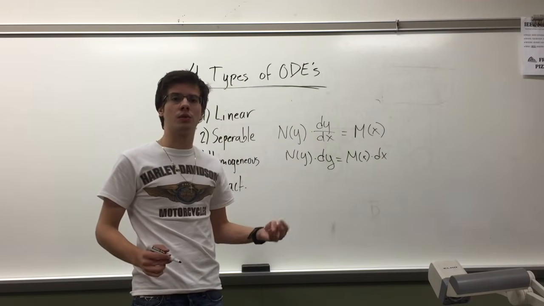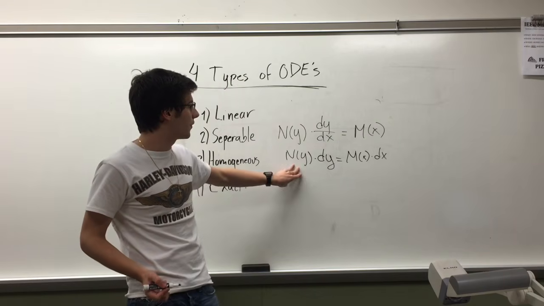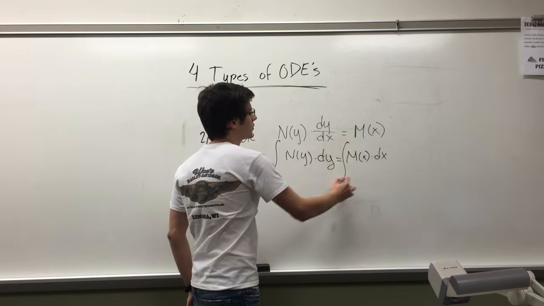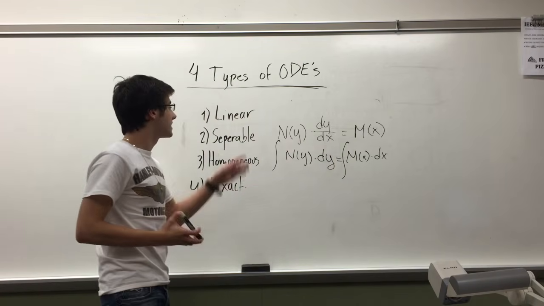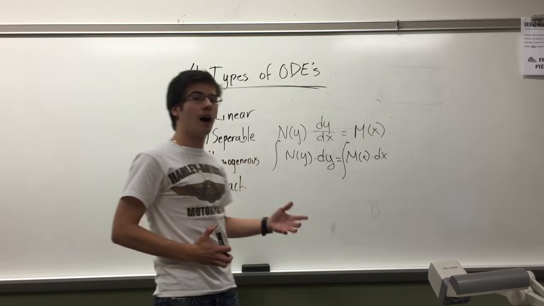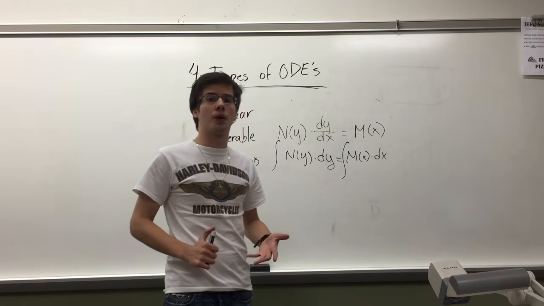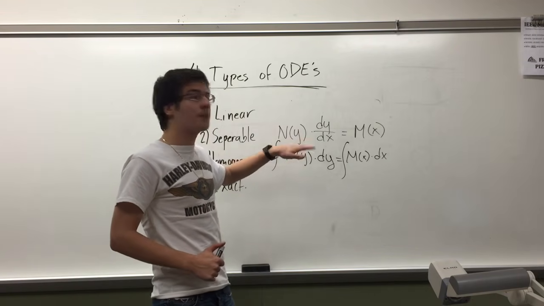And the reason why it's so nice to have these kinds of ODEs is because this side is in function of y, this side is in function of x, so we can simply integrate both sides and then we can find our solution. So separable differential equations, we can identify by trying algebra. We try to factor and separate the variables.